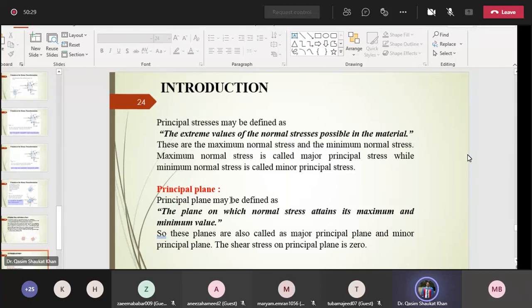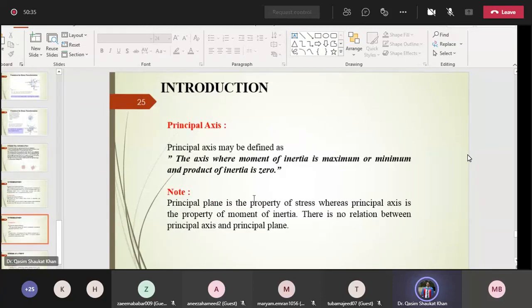Then comes the principal axis. Principal axes are different from the principal planes. Principal axis may be defined as the axis over which moment of inertia will be maximum or minimum.